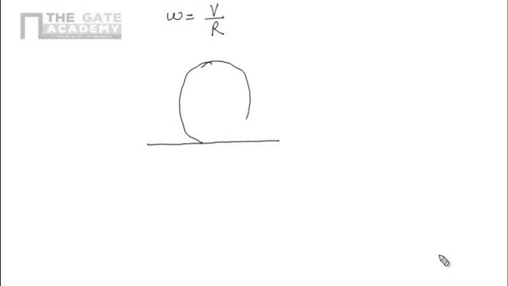Here we are having the point O, and we are interested in this P. Here this angle is 30 degree, and we are interested in VP.